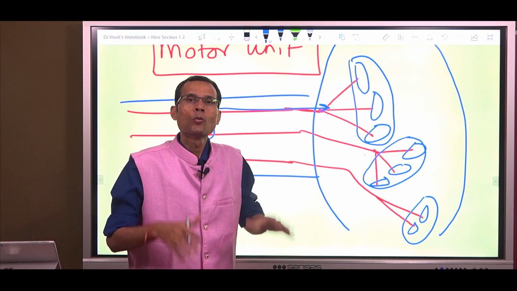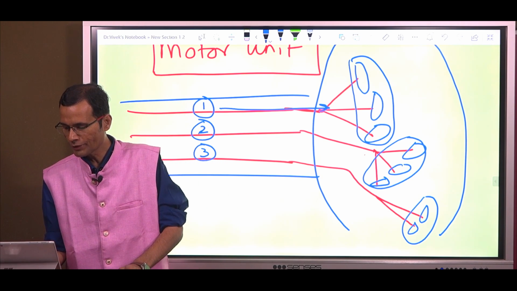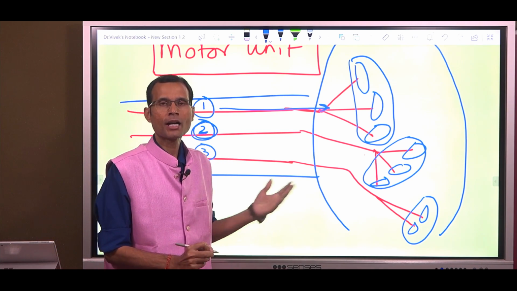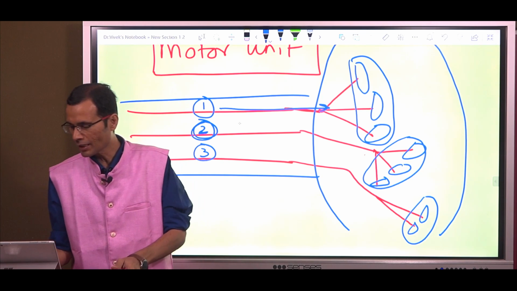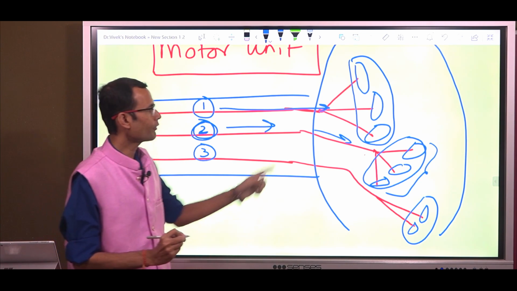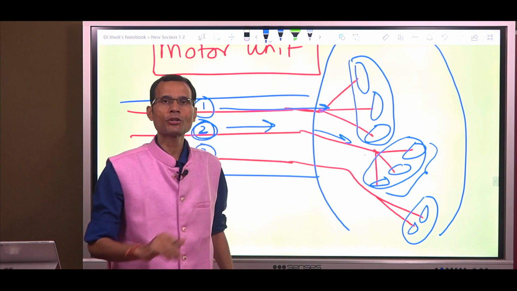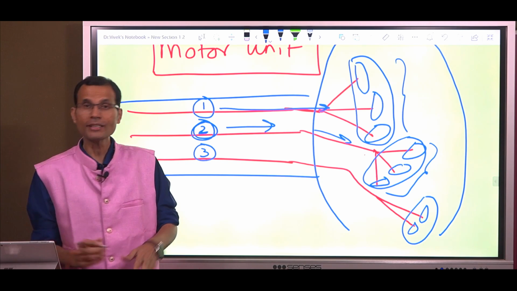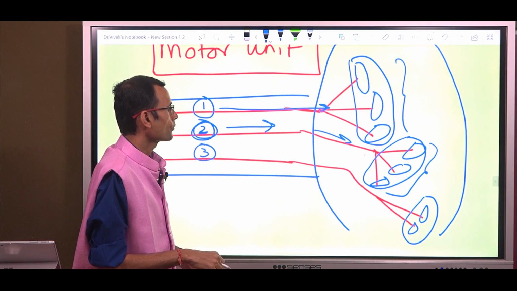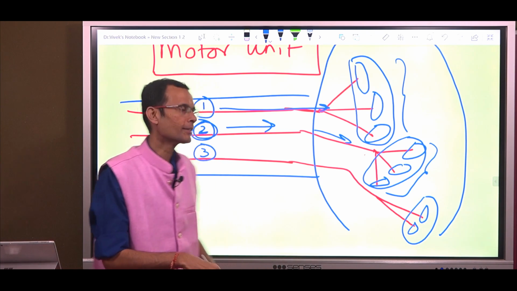Now, when we want to increase the strength of contraction, even this motor unit will start firing. I mean, impulses will be sent by this motor neuron, and even these 3 muscle fibers will be recruited in the muscle contraction. So 3 plus 3, 6 muscle fibers contracting.